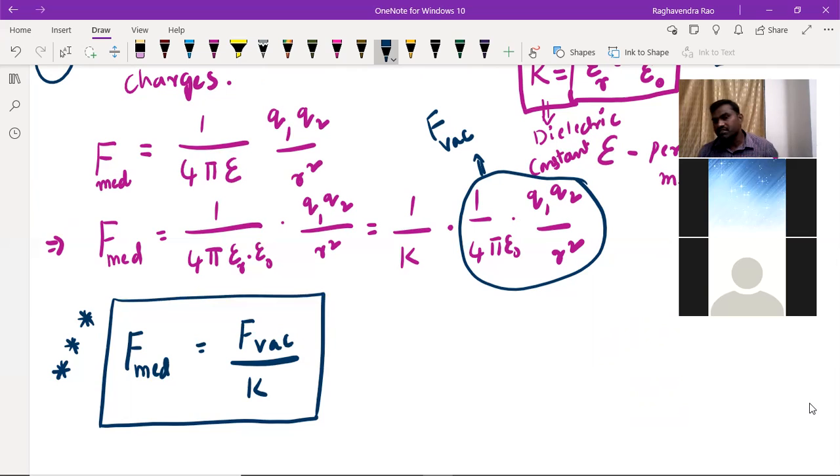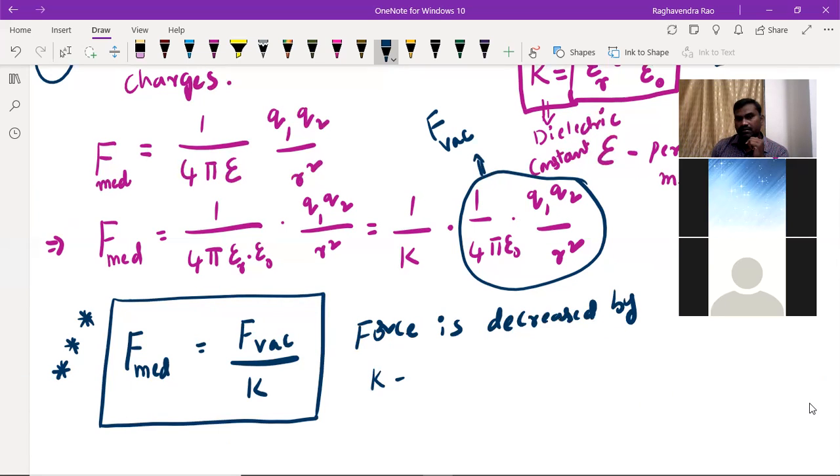So gravitational force is independent of the medium, whereas electrostatic force depends on the medium. When charges are placed in a medium of dielectric constant K, the force between the charges decreases by K times.